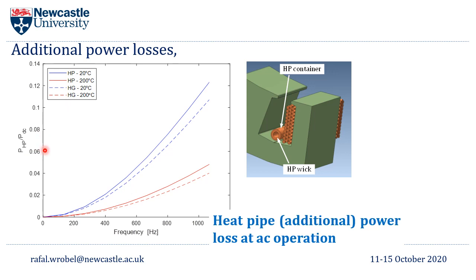For a heat pipe operating hot, that is approximately 6% of the DC winding loss. Interestingly, that copper wick structure has a comparable loss to the aluminium rod that is shown on the figure.